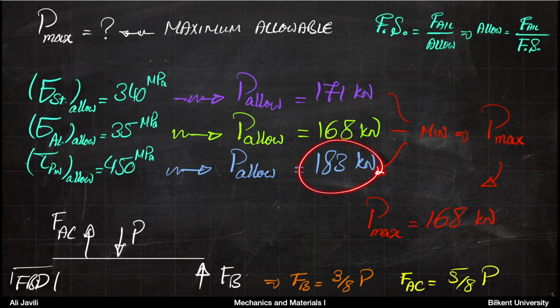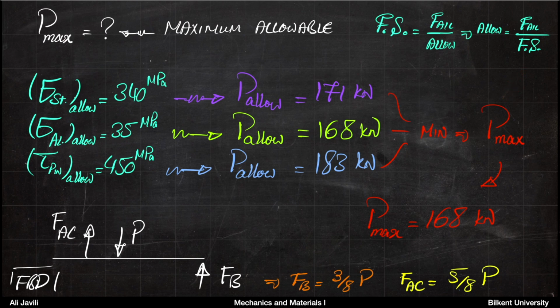But then you can see if you apply that much, then the other members will fail because their maximum force is less than that. Okay, so basically you need to find the minimum value of the P such that all the members remain safe.